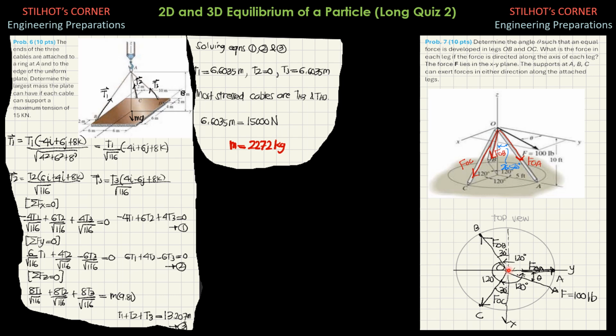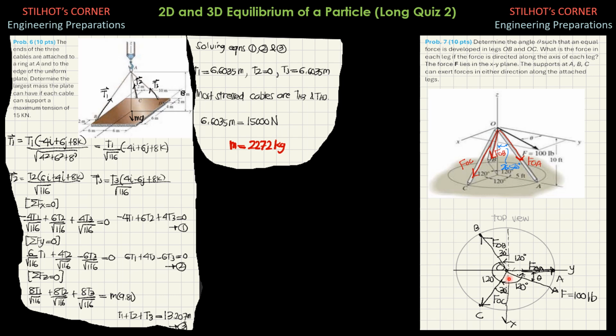Since the shadow of OA is along the positive y-axis, we have an idea that theta should be 0, because it is given that FOB equals FOC.